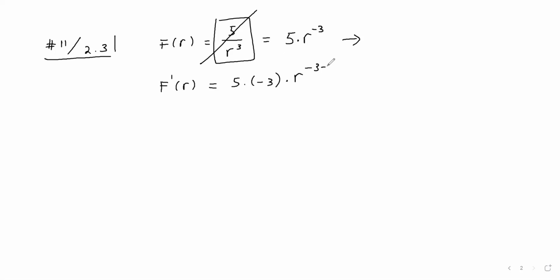Remember that the formula is, and I'll remind it here, x to the n prime, and n could be anything, such as a number like negative 3, is n times x to the n minus 1. So n being negative 3 in this case, what we get here is negative 4. So the answer is negative 15 times r to the negative 4. So that is the problem that we are looking at.